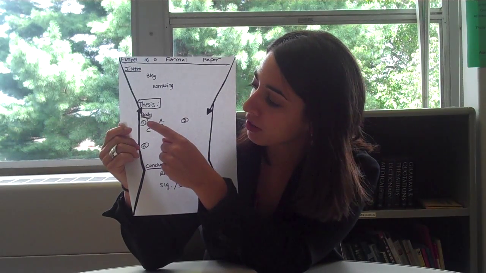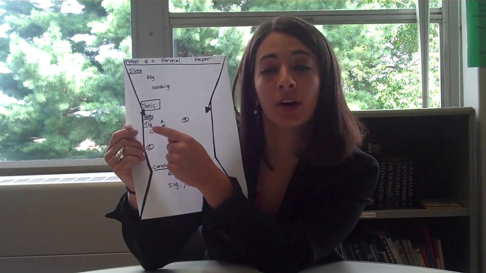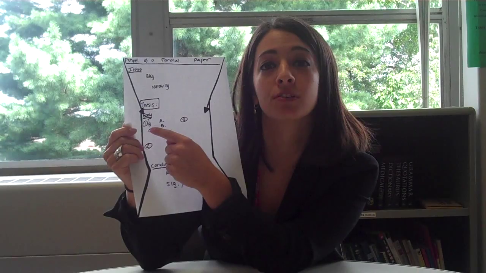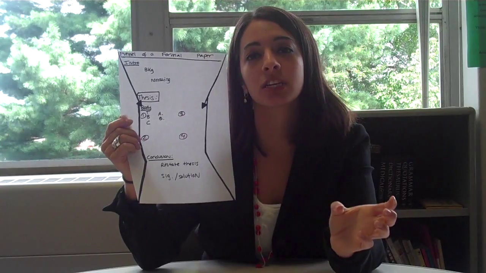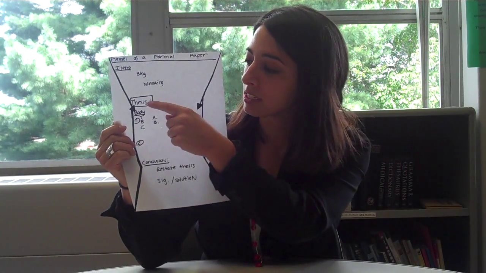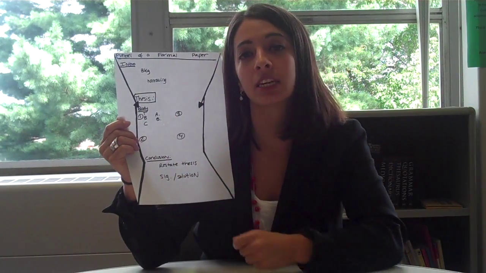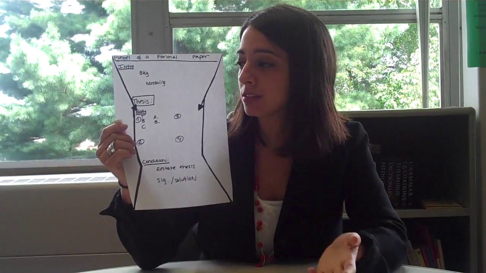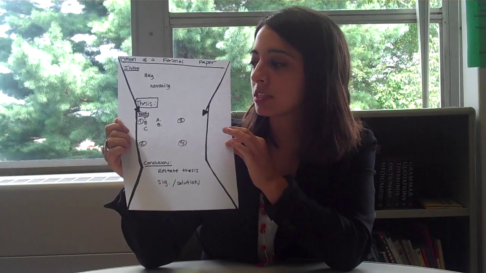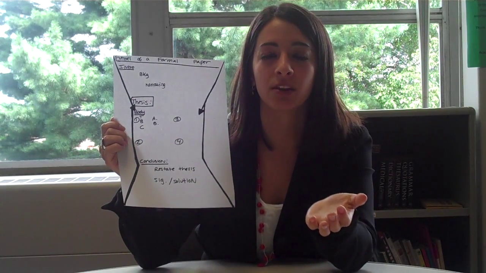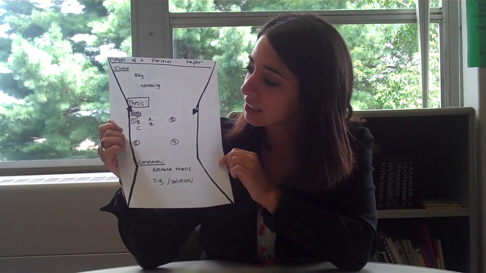So you might want to note on the sheet, in each body paragraph you should have T, B, and C. Topic sentence, body evidence, citations if they're using outside research, or examples if they're not, and a conclusion or a clincher sentence to remind your reader what that thesis is and to connect that body paragraph, what you said, to show how that connects to the thesis. And so these can vary, of course. These are not so rigid as they might seem here on this paper, but oftentimes this gives students something to go off of instead of just nothing, the blank paper, which is the death of every project.